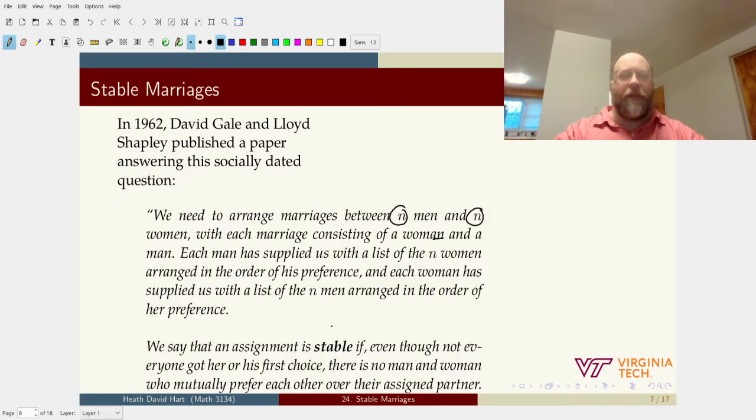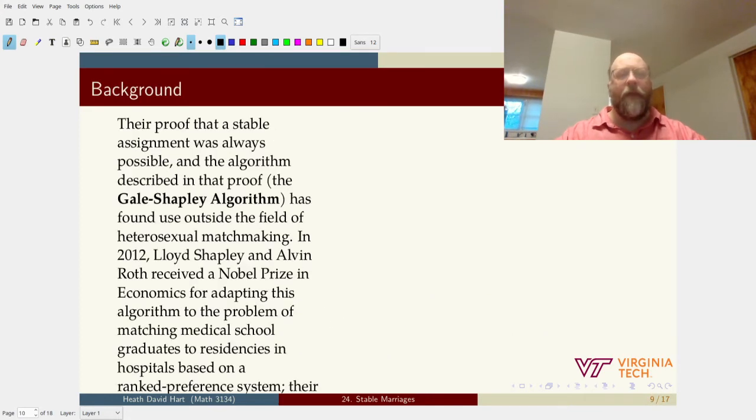So this algorithm that they proved was possible in the restricted case where n and n are equal and we're matching 1-to-1, had found use outside the field of heterosexual matchmaking.